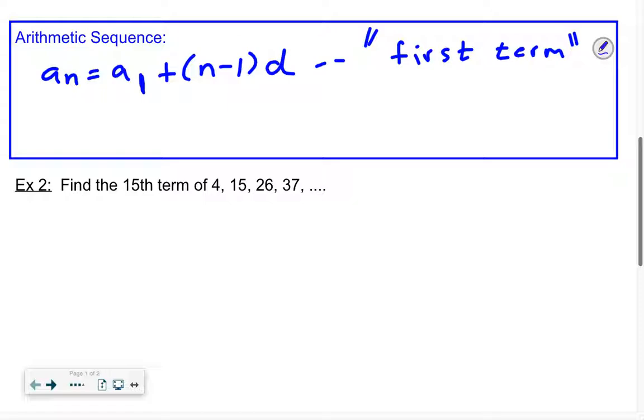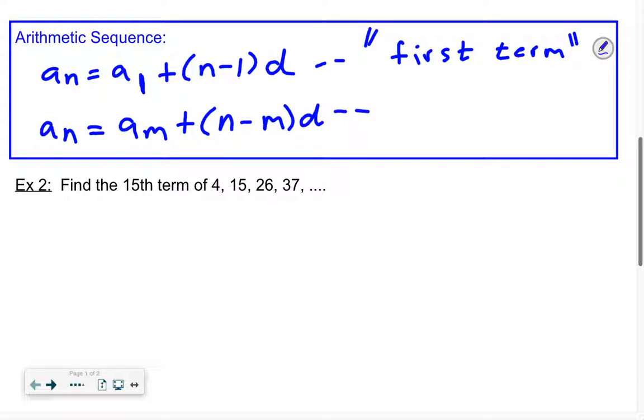But suppose we're given some pieces that don't include the first term. Maybe they give us the 7th and the 16th term. We need to be able to use something else that doesn't have the first one. So I'm just going to go ahead and replace that 1 with some generic m. Again, maybe it's the 7th term or the 16th term. Same idea, I'm going to replace that 1 with the m.